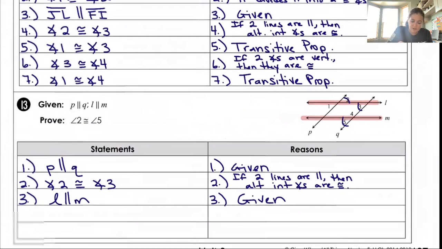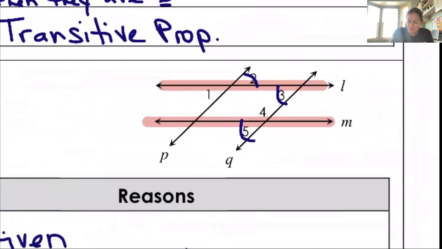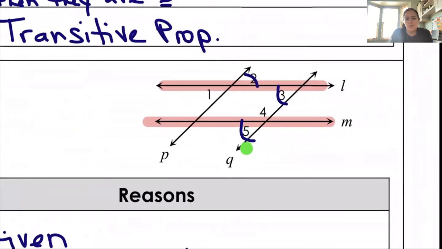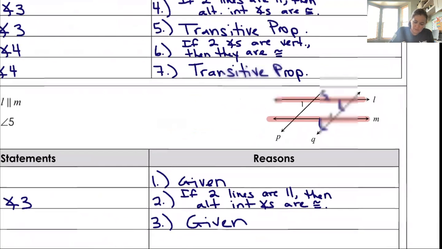I knew I needed 5 in there because instead of 3 and 4 being supplementary, I knew in my final I needed 2 and 5 to be congruent. So that's why I made my search go to 5. So angle 3 and 5 are corresponding, and because these two lines are now parallel, we can say corresponding angles are congruent.